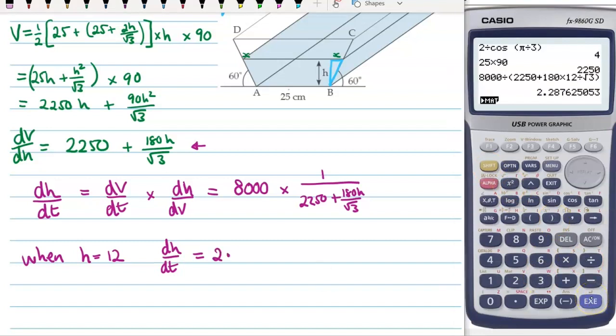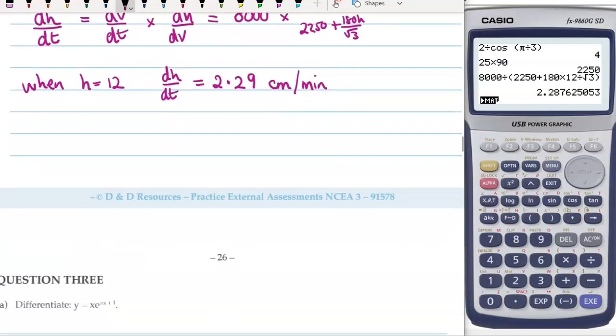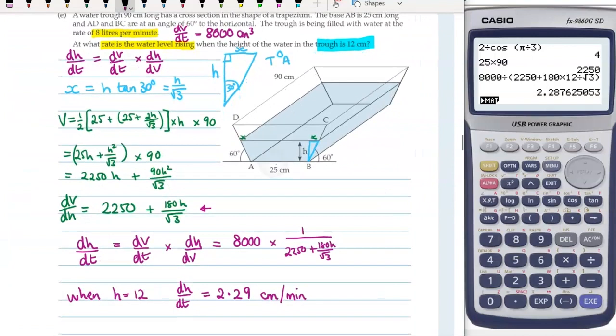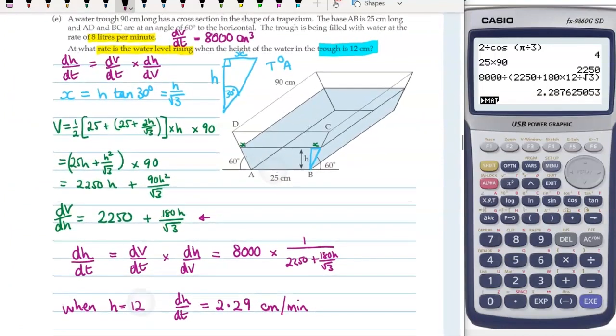Comes to 2.29. Now our height is in centimeters and our time is in minutes. So centimeters per minute. I'll show you that all on one screen. There you go.